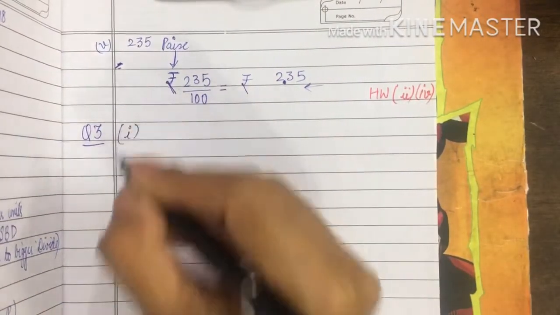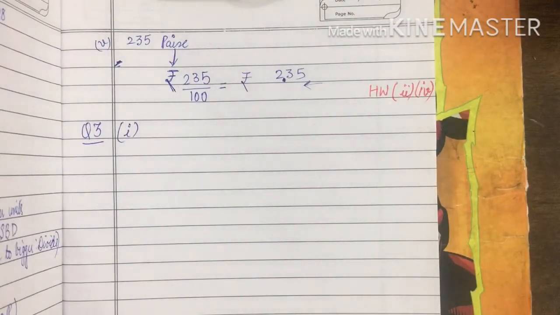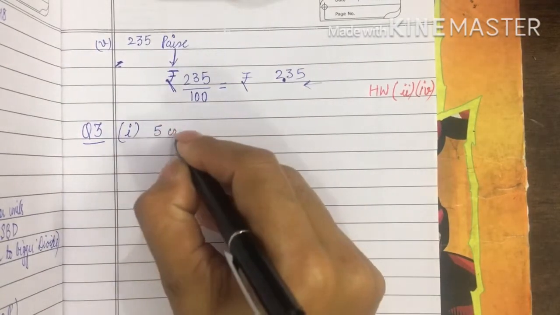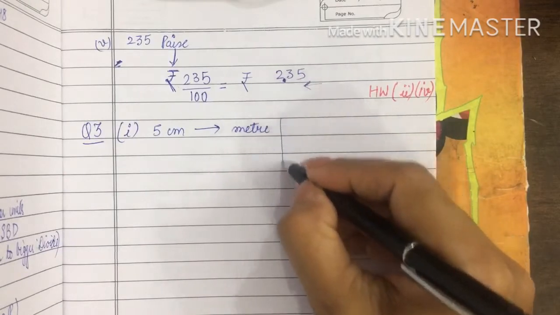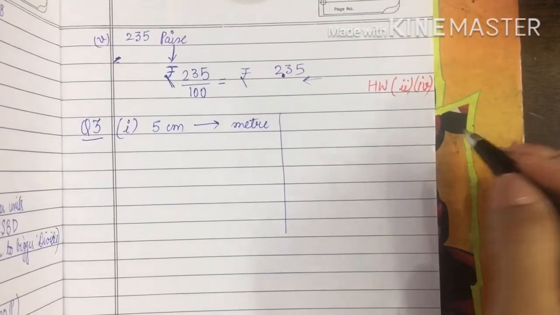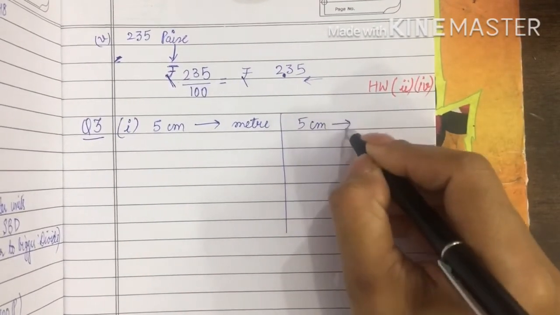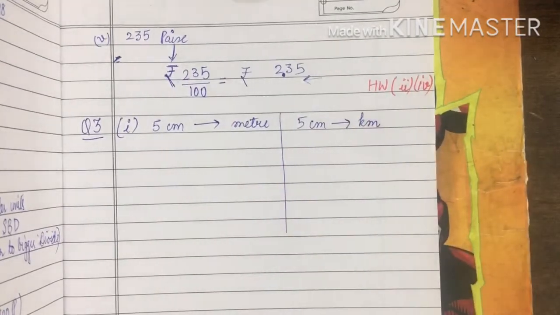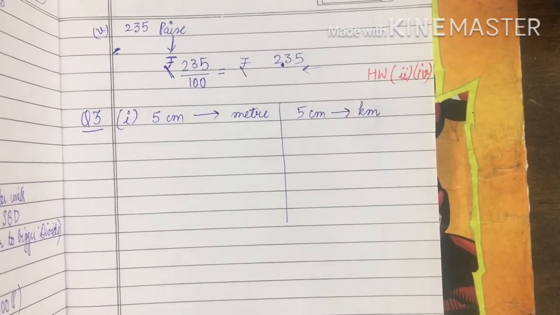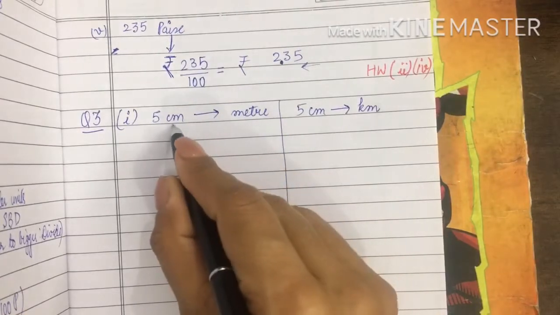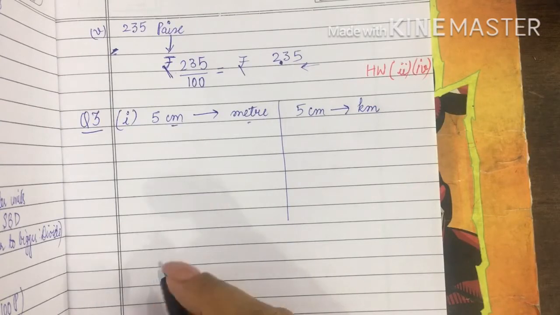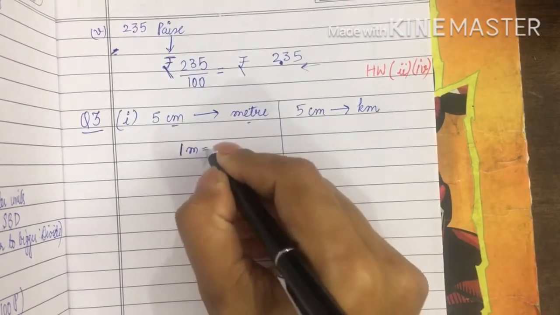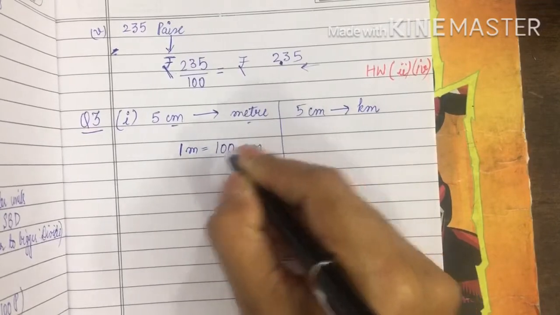So the first part is 5 centimeters to meters, and then I have to change 5 centimeters to kilometers. Now how am I going to do this? I know the relation between meters and centimeters. I told you, we have written a note in the beginning. You need to learn that by heart. What I know is 1 meter has 100 centimeters.